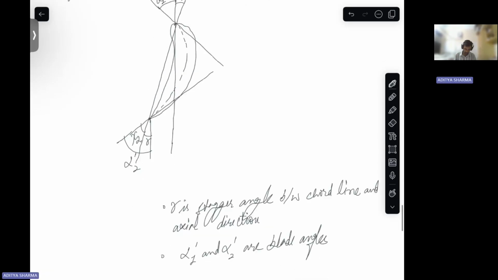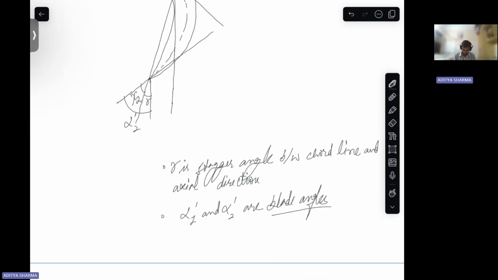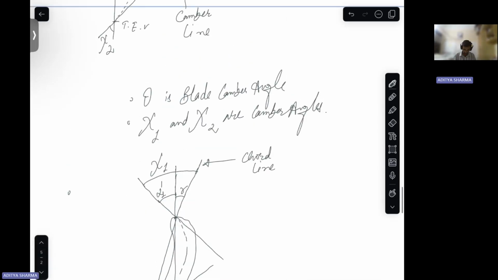So now blade angles we have seen, stagger angle we have seen, blade camber angle we have seen, camber angles we have seen. Then we are left with air angles.